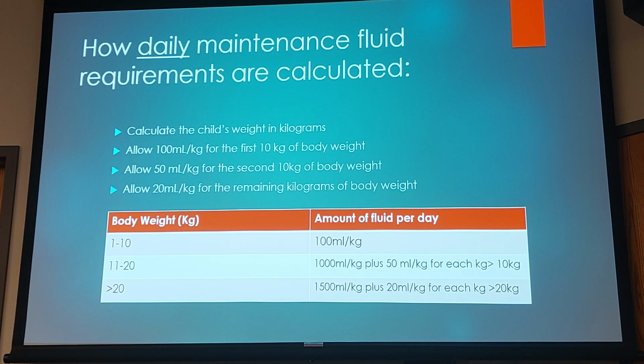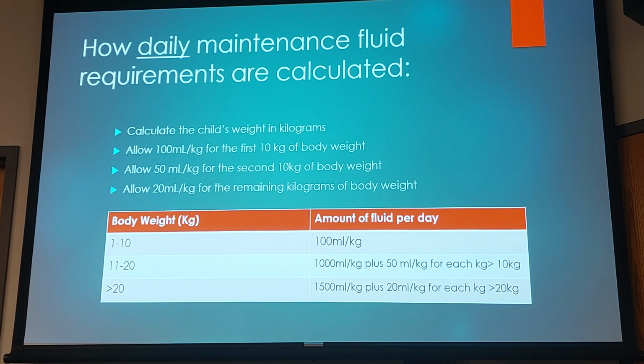This is the Holliday-Segar method. So we can do it in the 24-hour. We can take that, and then if we know we have replacement to do, we can do 1.5 times that maintenance. Remember I mentioned that before? Or we can do 2 times the maintenance to try to get some replacement fluids in. Sometimes we'll order a bolus.